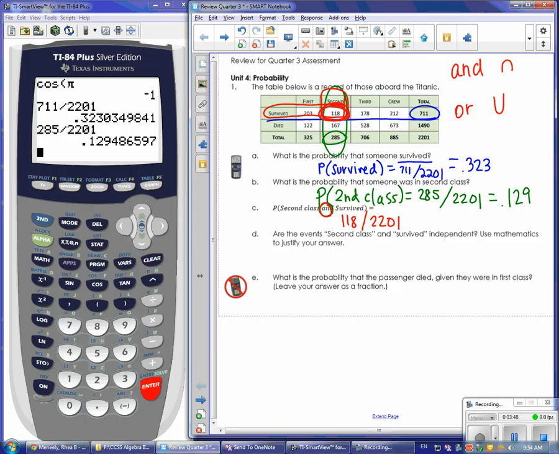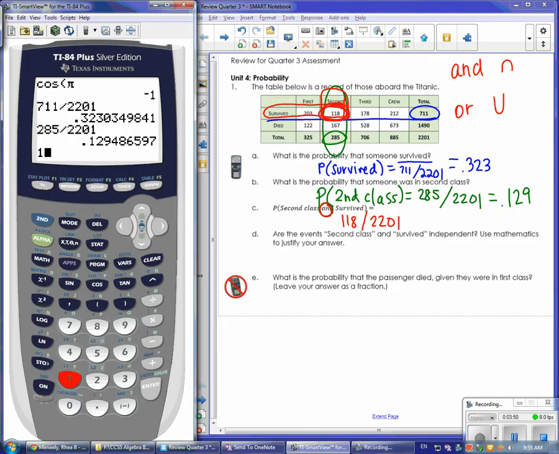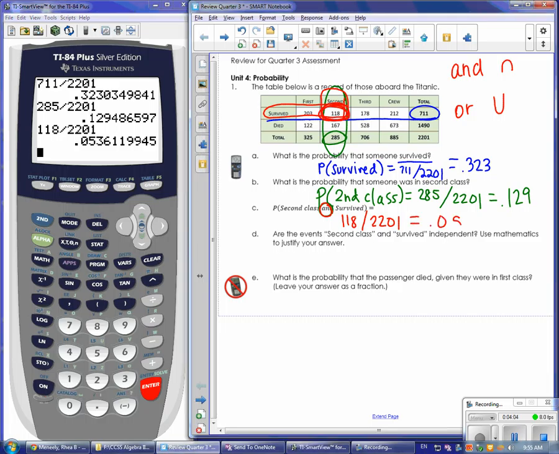Since it's already written in probability notation, you don't have to rewrite it. So we've got 118 divided by 2201. And the probability is 0.05 if I round that 3 up to 4. So 0.054, a little bit more than 5%.